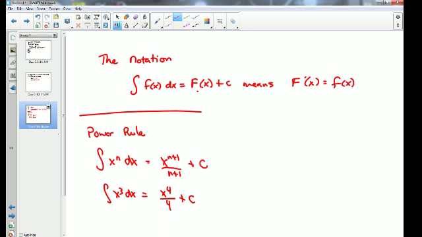Does that get me back to 1x cubed? It does. Right? So the derivative of x to the 4th over 4 plus c is 4x cubed over 4, which is x cubed. You can always check to make sure.